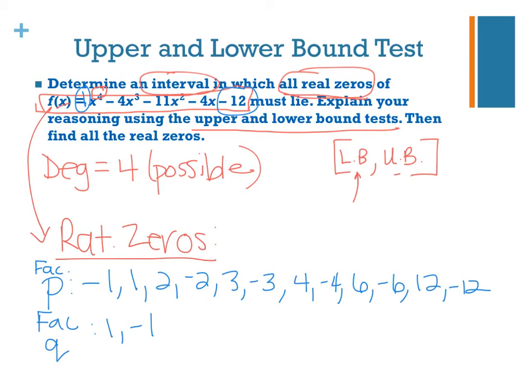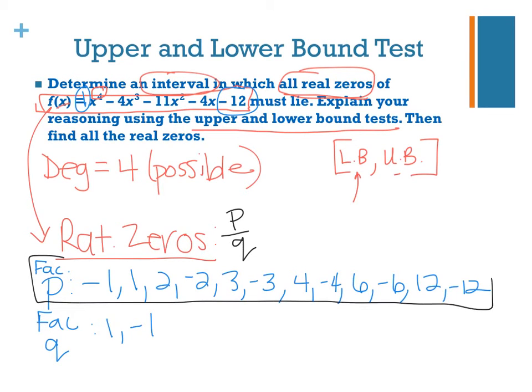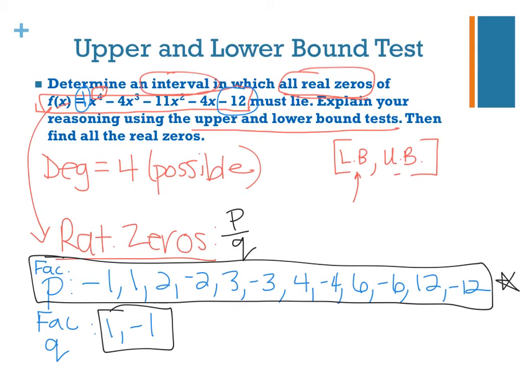So my rational zeros are found by taking p and dividing it by q, all the factors of p divided by either 1 or negative 1. The nice thing is that if I divide all these p values by either 1 or negative 1, I just get that same exact list.